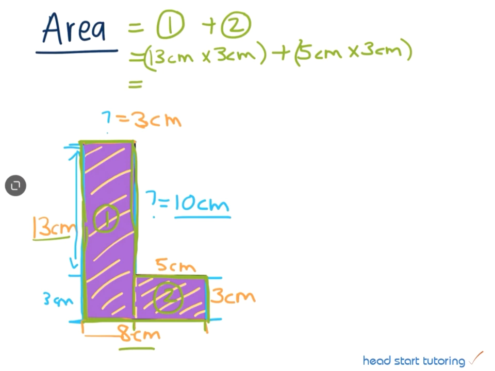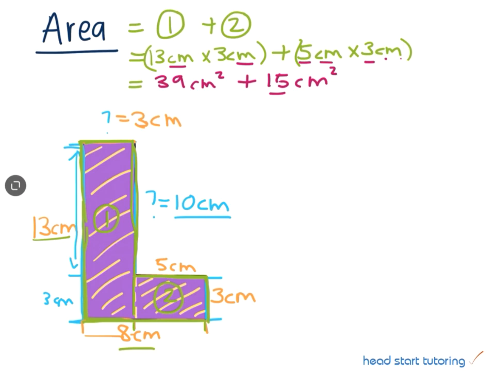And then we just need to work those out. So 13 multiplied by 3 is 39, and that's centimeters squared because we say centimeters multiplied by centimeters. And then we plus 15 centimeters squared because 5 times 3 is 15. And then we've got centimeters times by centimeters is centimeters squared.